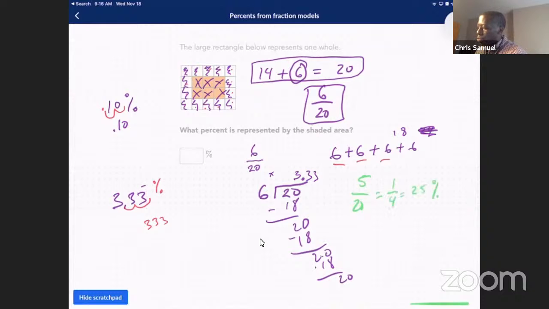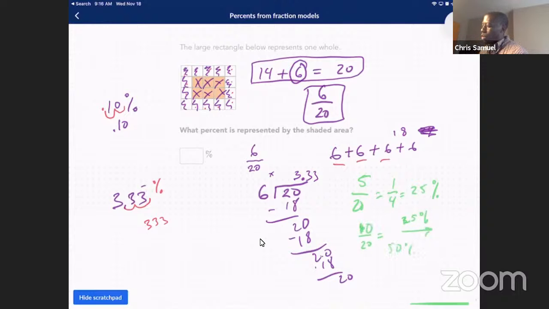But if you have 6/20, there's more shaded region. So that means we have something a little bit bigger than 25%, right? If this was actually 10, we would know it would be 50%.